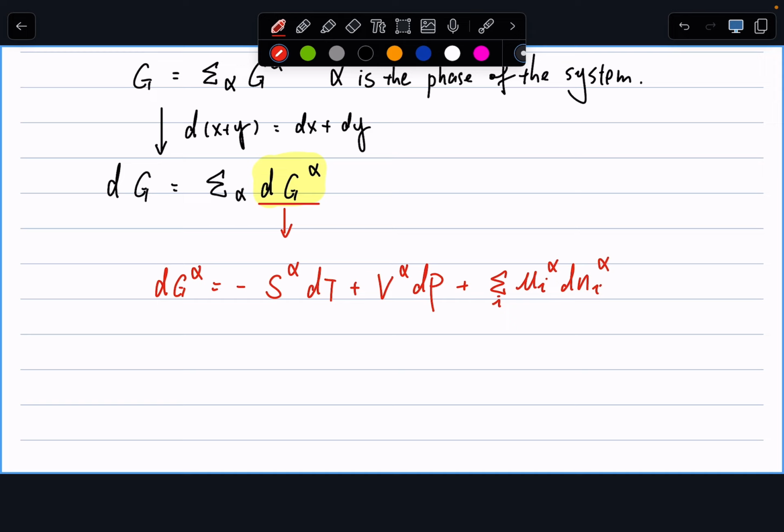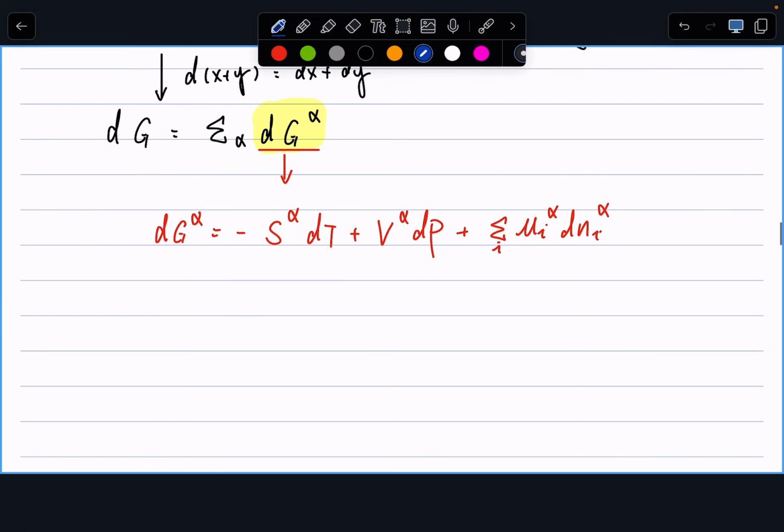And in here, what does it mean when we know each differential of my Gibbs free energy of phase alpha? What does it do when we put it into the overall dG? So what do we have here? If we're doing the total summation of all phases, there are some things we know.